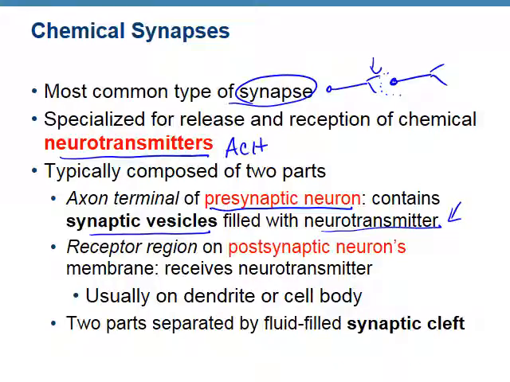When we saw neuron to muscle, it was always acetylcholine. We're going to learn some other neurotransmitters. On the receptive end, the postsynaptic neuron has to have a receptor for that neurotransmitter. So if the neurotransmitter being released is acetylcholine, there had to be an acetylcholine receptor, right? We saw this with muscle.